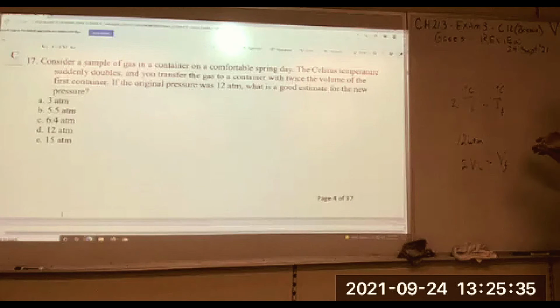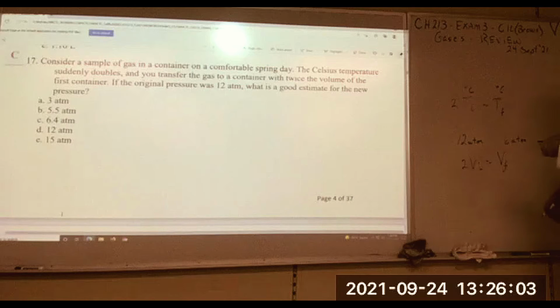So we would expect that if the temperature didn't change, what would happen to the volume? Twice the volume. What would happen to the pressure? If you doubled the volume, then the pressure should be 6 atmospheres, right? That's without a temperature change.